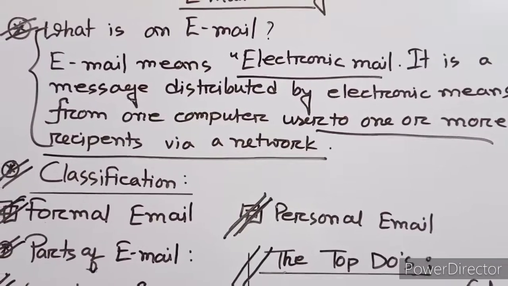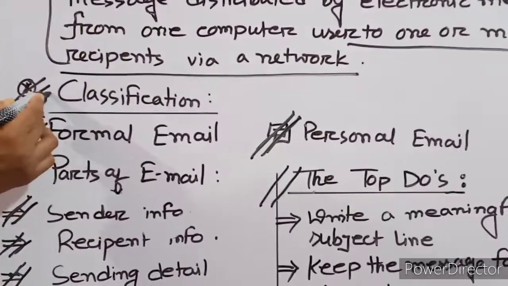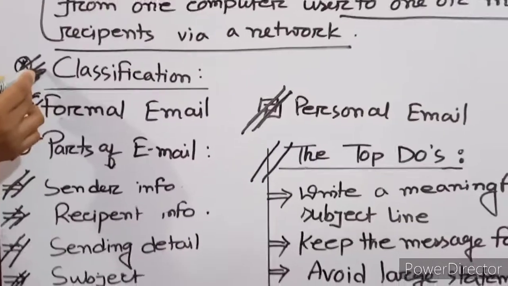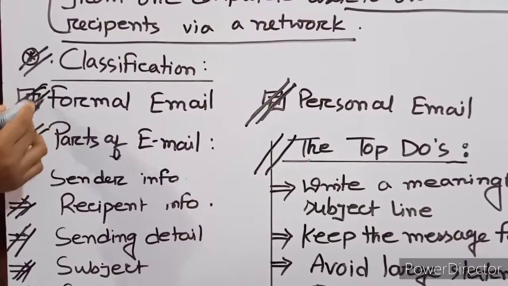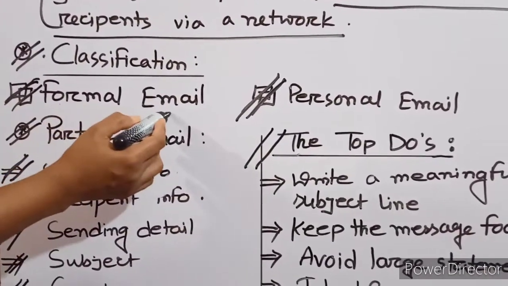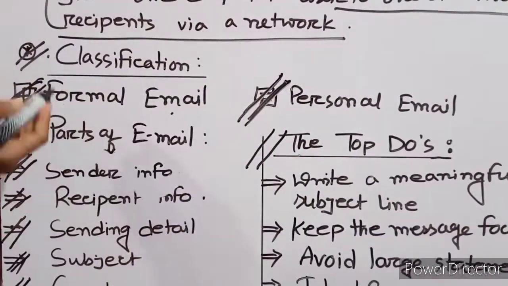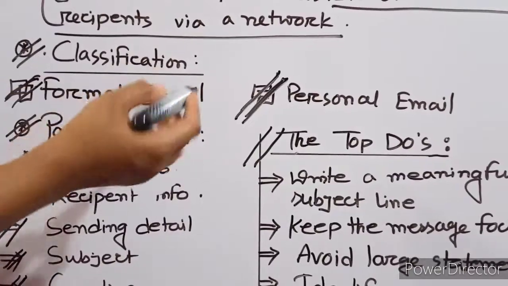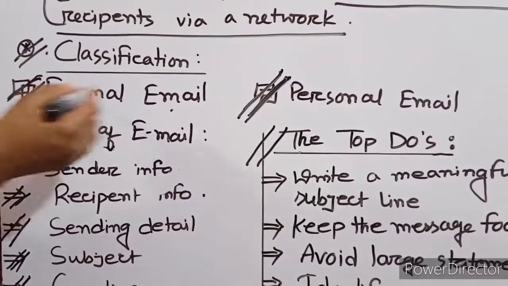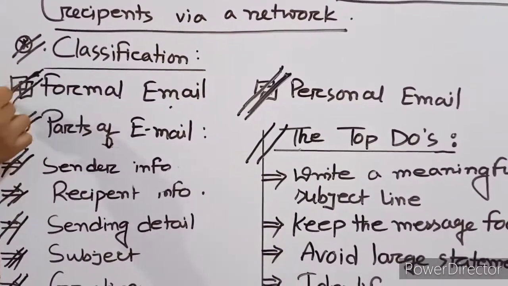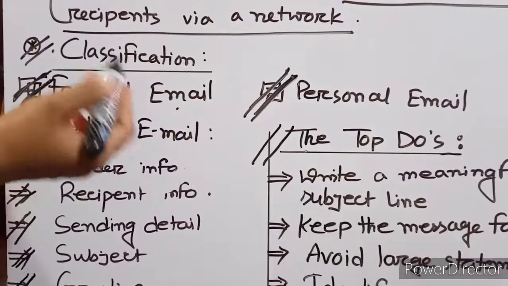Now dear students, I am going to tell you that in examinations there are two very common types of email. The first one is formal email and the second one is personal email. I didn't write the definitions of these two types here, but now I'm going to discuss them.